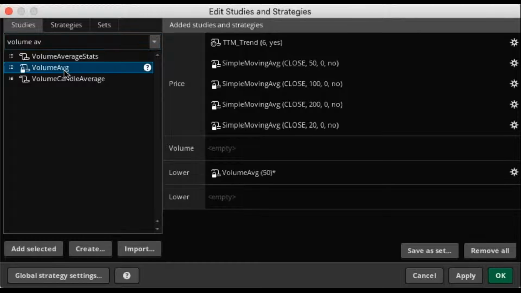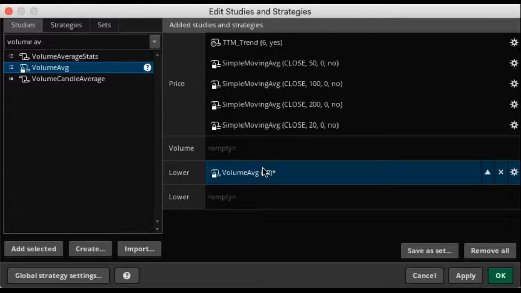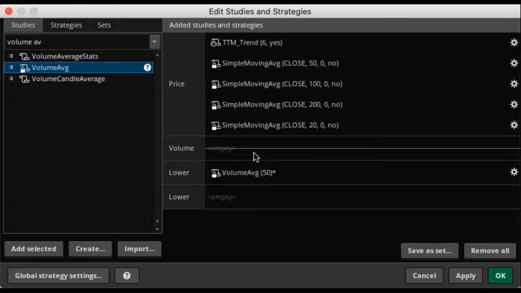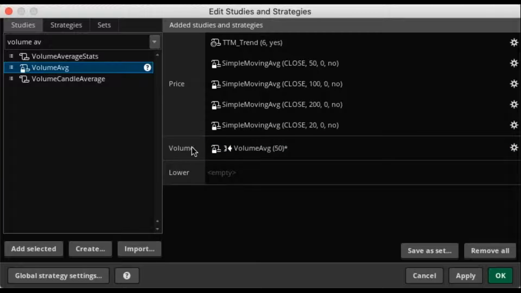So volume average, and then that's going to pop up there. So that's it. You want to have this volume average in here, and then you want to grab it with your mouse, and then you want to move it up to the volume box. So it's going to end up in your lower study first. You want to grab it and move it into your volume box.